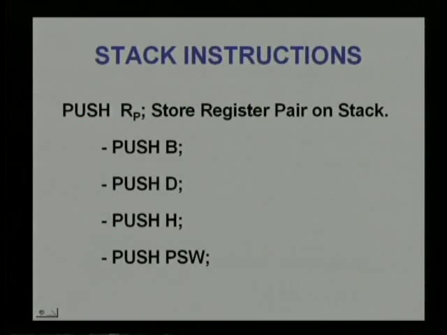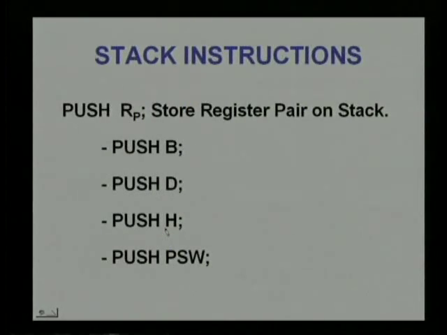Now let us see push RP instruction. This stores register pair on stack. RP stands for register pair. First instruction is push B, that is store BC register pair contents onto the stack. Next, push D, it stores DE register pair contents onto the stack.